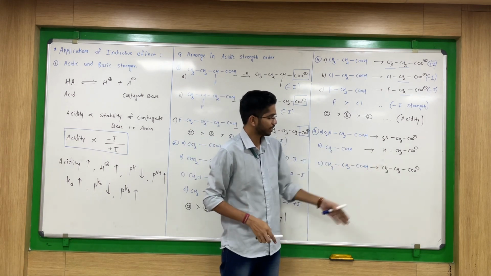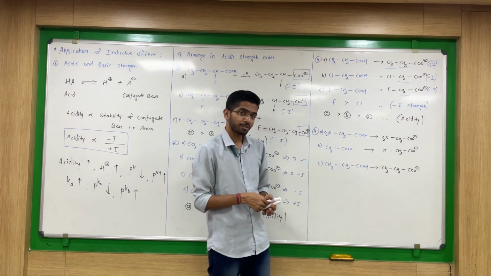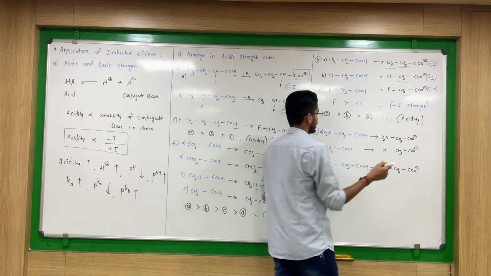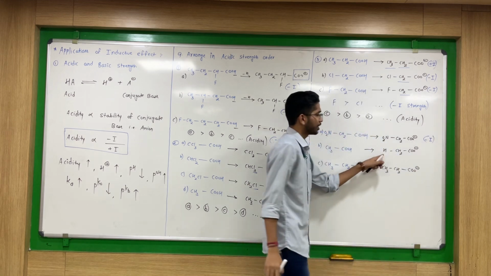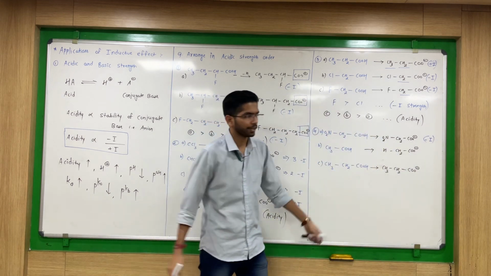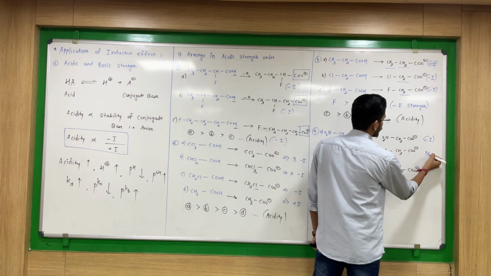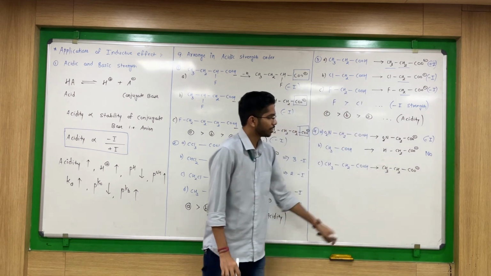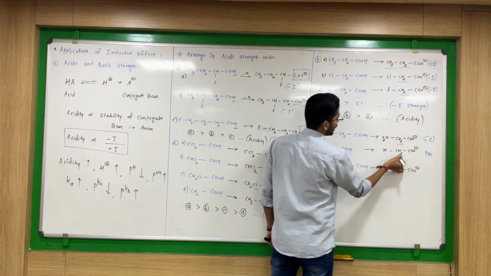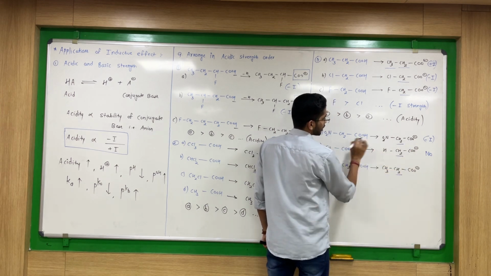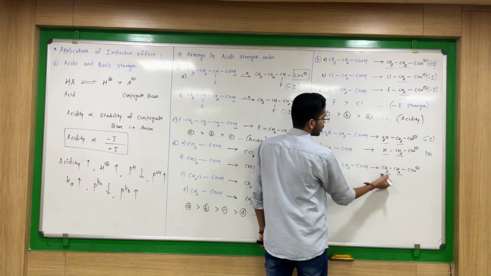Now in first case, NO2. NO2 comes under which category? Minus inductive effect. So here I can write minus. Second thing, H. H is there, no effect. Now last we have CH3. Why am I taking NO2, H and CH3 only? Because till this point it is the same, CH2, CH2. Difference arises here, NO2, H and CH3.